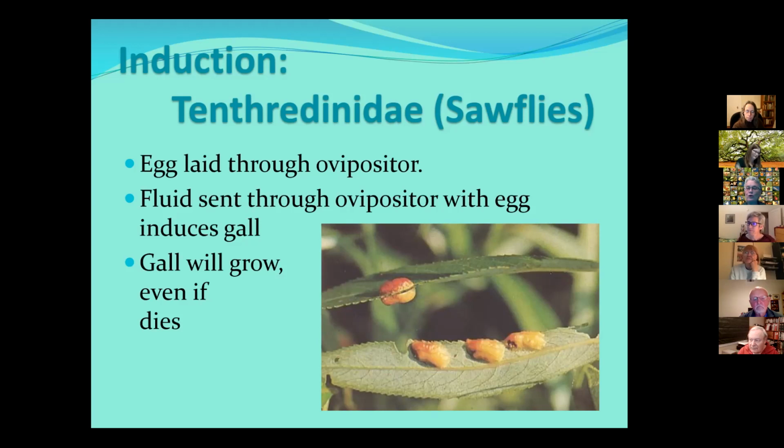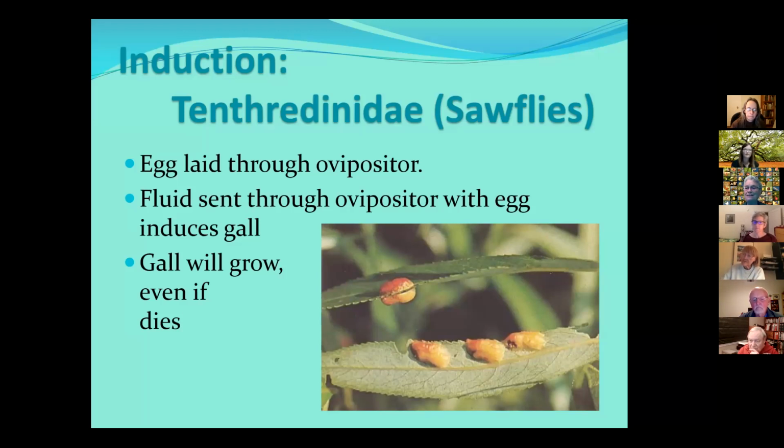So the gall will grow even if the egg dies, or if it closes and the larva dies. So that's the story. Apparently, whatever is causing the sawfly gall is deposited at the time of oviposition, when the egg is laid.